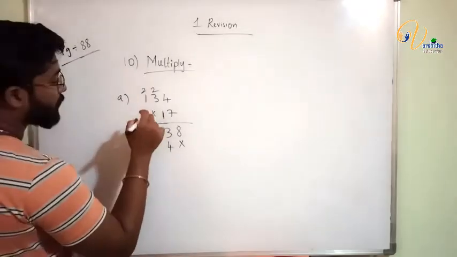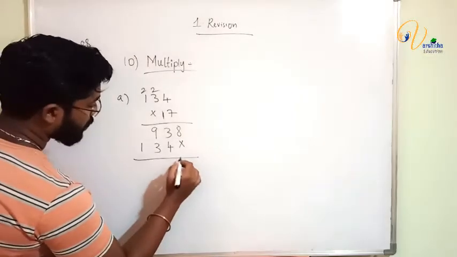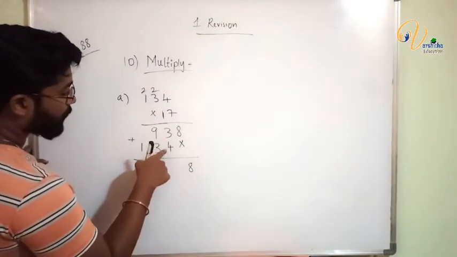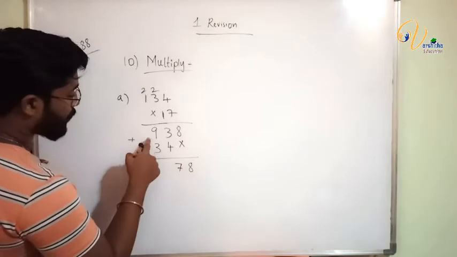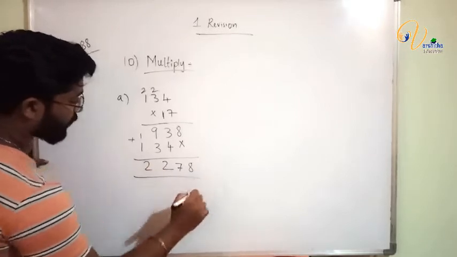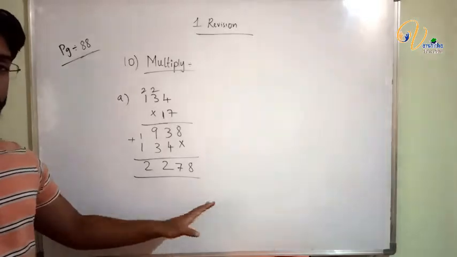Okay. 1 3s are 3. 1 1s are 1. Okay. Here you have to add all this. 8. 3 plus 4, 7. 9 plus 3, 12, 2, 2, 7, 8. 2278 is the answer.